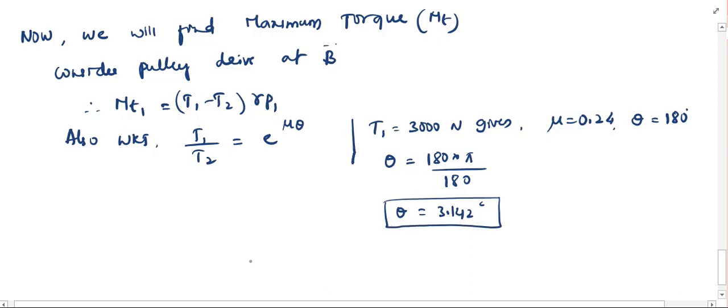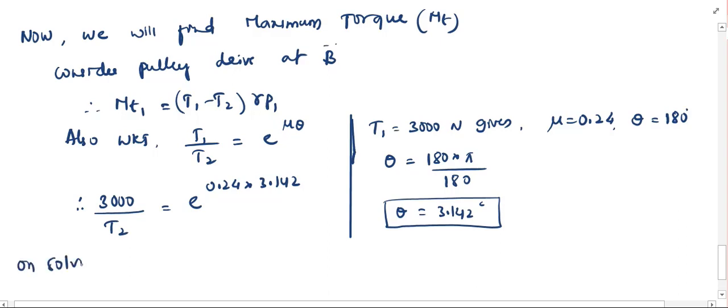Initially we have to convert theta into radians. So I can write 3000 Newton divided by T2 is equal to e to the power 0.24 into 3.142. On solving I will get T2 equal to 1411.32 newtons.